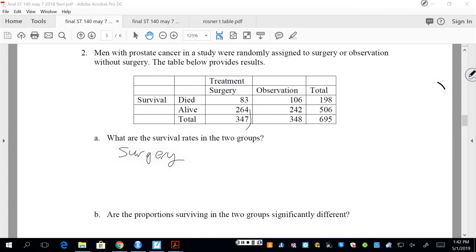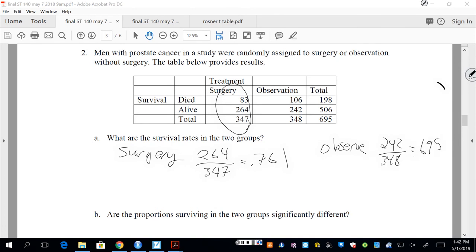When surgery is this column, survival rate means alive, 264 out of 327. The fatality rate would be the 83 out of that. So that's 0.761, and then observation had 242 out of 348, 0.695. So it's lower by a little over 6%.